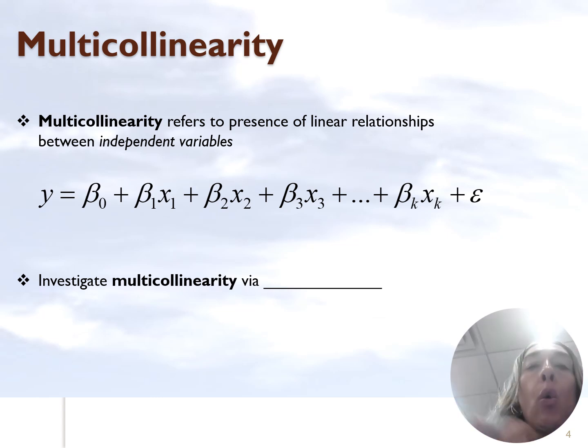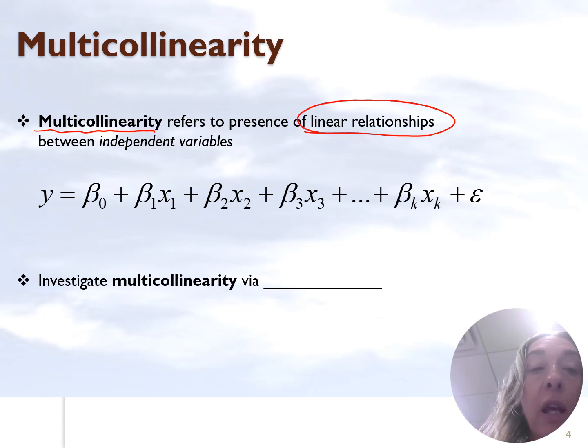Now, when you have more than one independent variable, there is the possibility of the existence of a condition known as multicollinearity. Multicollinearity refers to the presence of linear relationships between your independent variables.